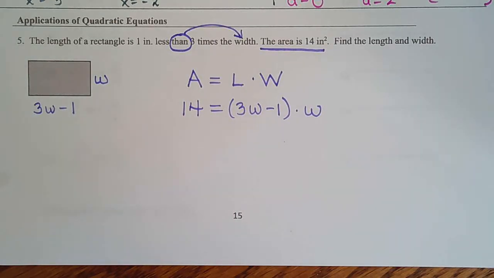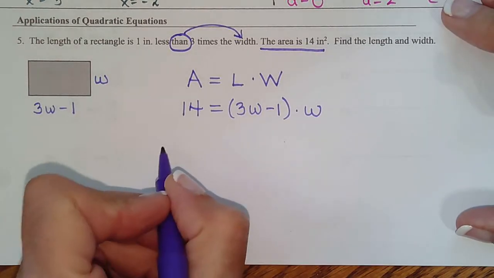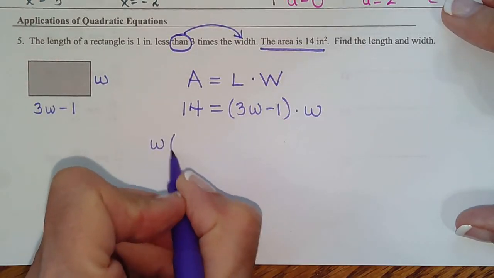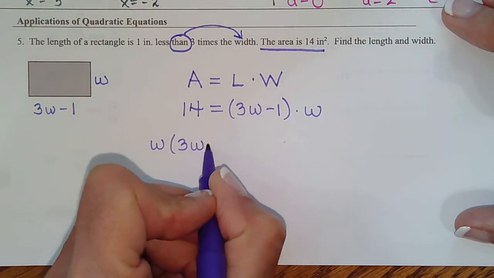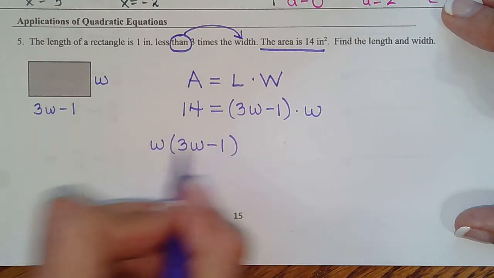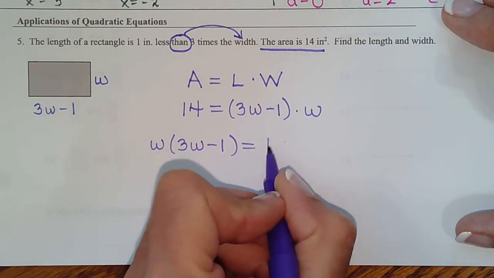Now I have what's going to be a quadratic equation, and I can solve by factoring. Let's turn it around so it looks more like what we're used to. There is one very similar to this on the test, the workout part.